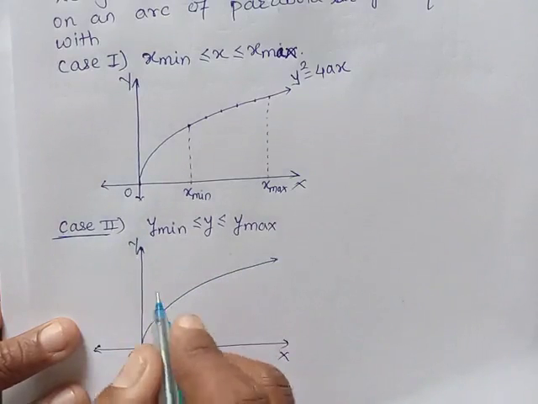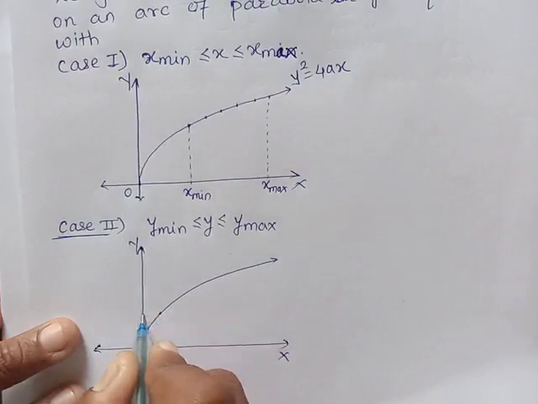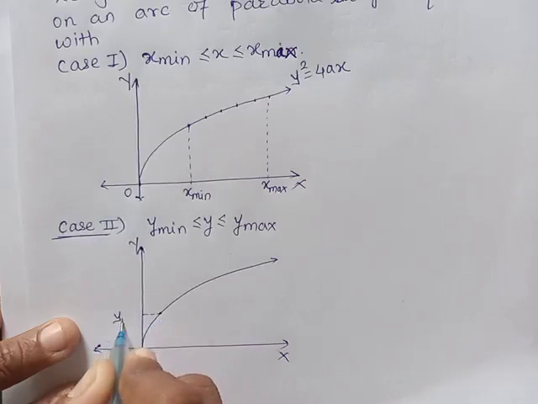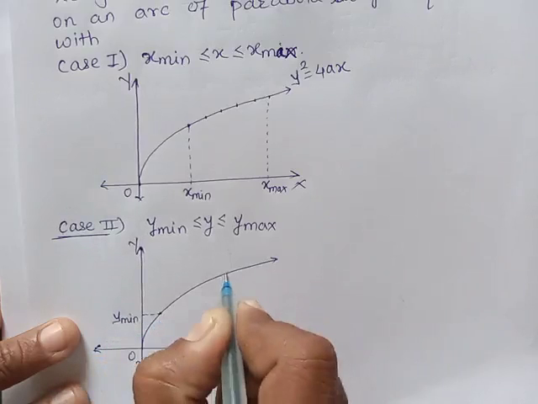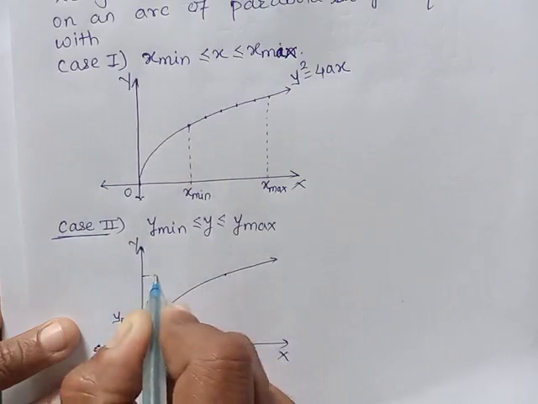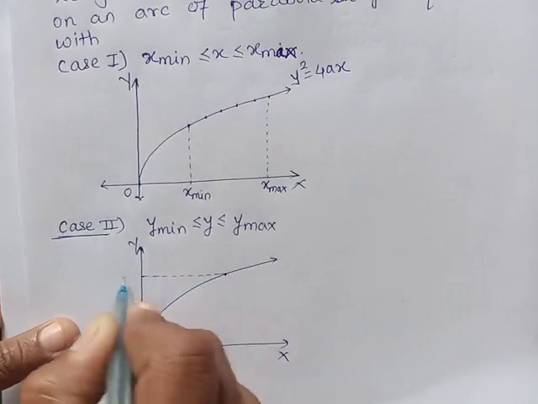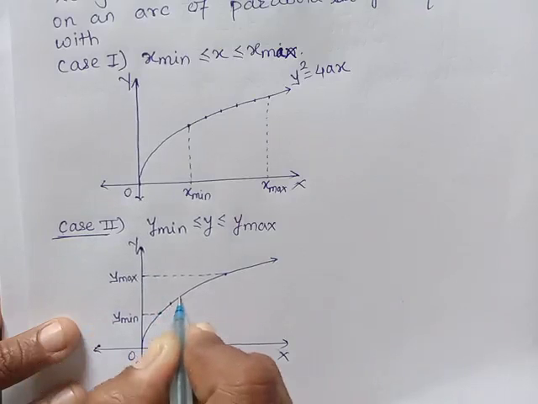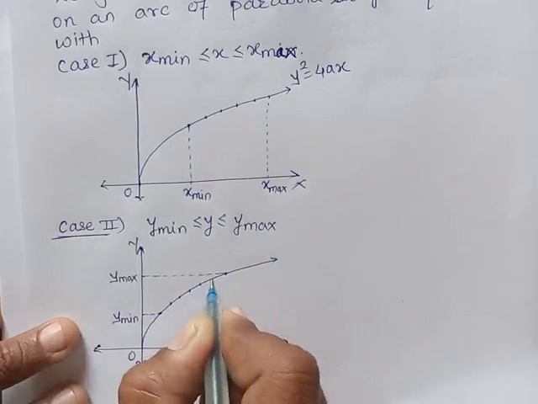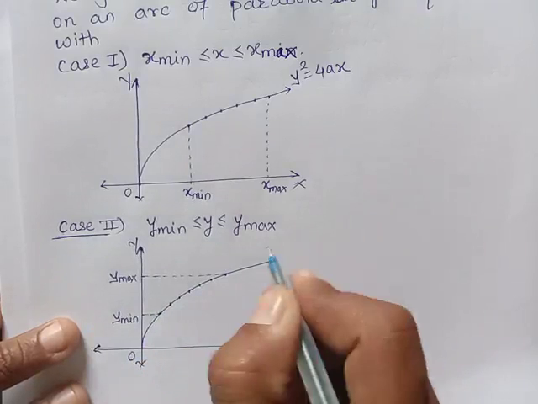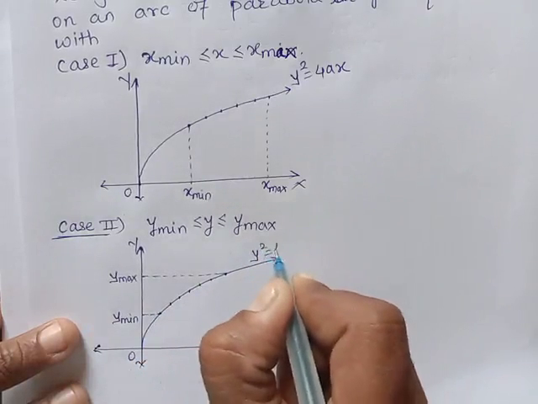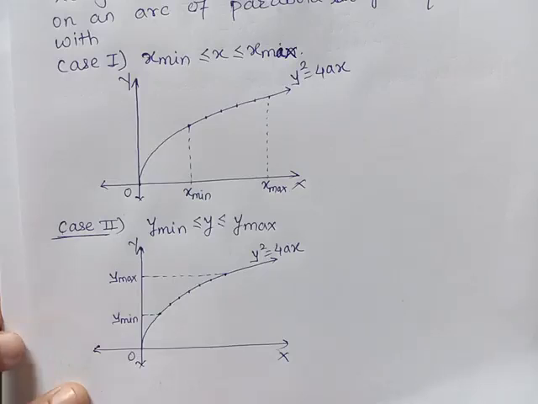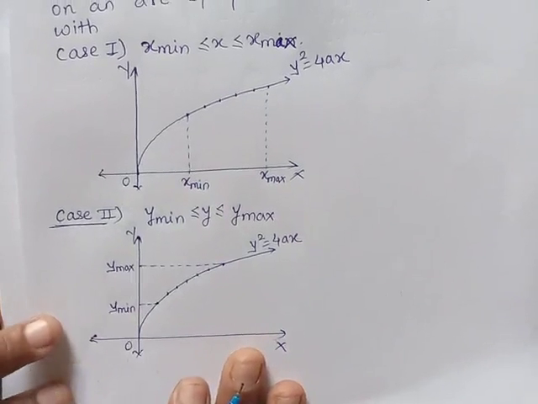Suppose this is y minimum and this is y maximum given to us, and in between that we have to determine these points. This is again y square equal to 4ax.